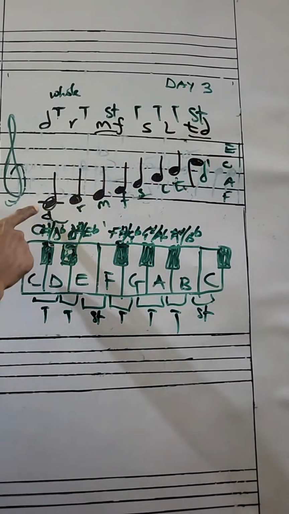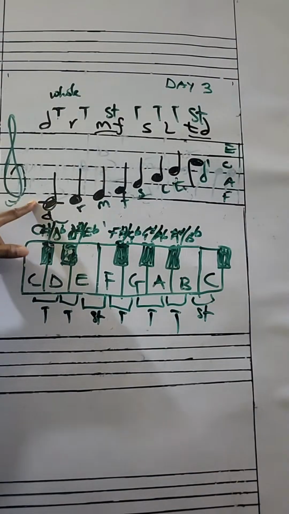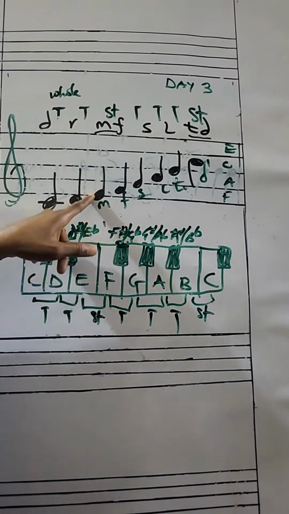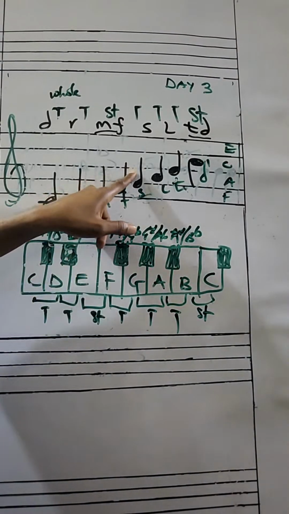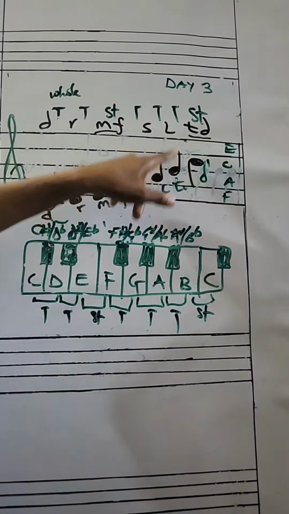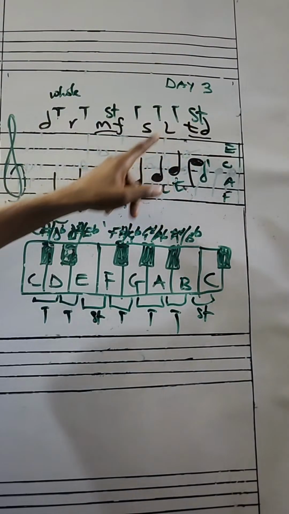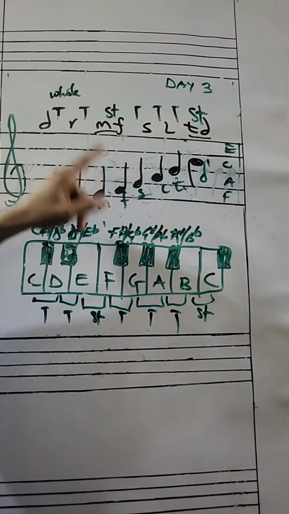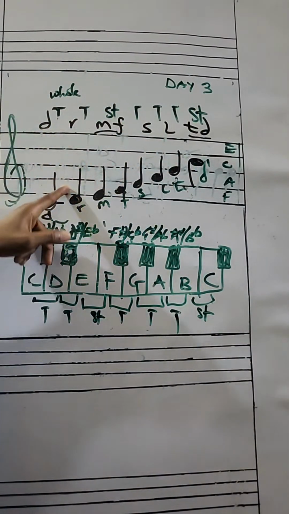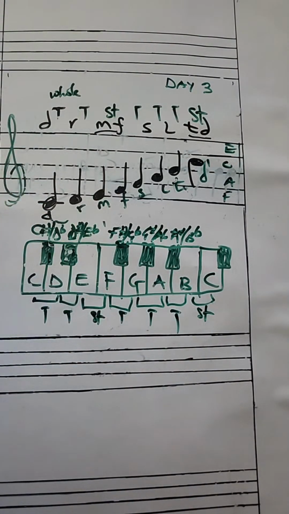So if I'm on C, this is where my do is. Do, re, mi, fa, sol, la, ti, do. Do, ti, la, sol, fa, mi, re, do. That is a C major scale.